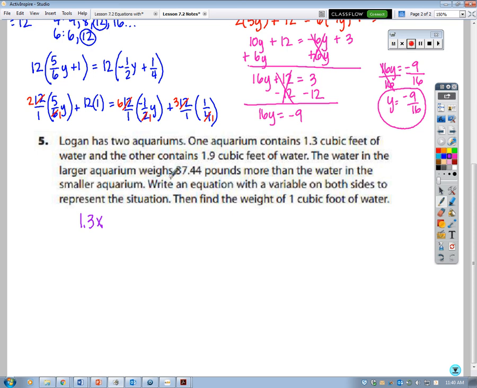So it weighs 37.44 pounds less than the larger aquarium. So I'm going to go ahead and add this to the weight of the smaller aquarium. And then the other aquarium is 1.9 cubic feet. So we knew that that was our variable because that's what we're looking to solve for, the weight of 1 cubic foot of water. So that's where our variable goes.